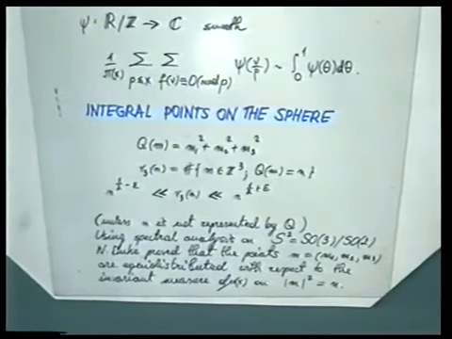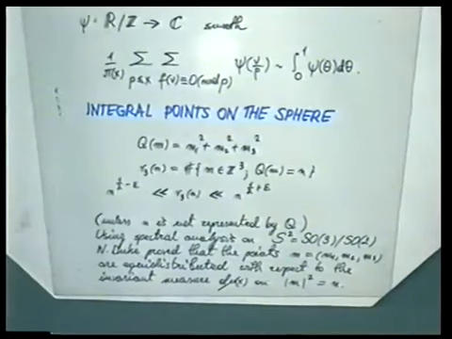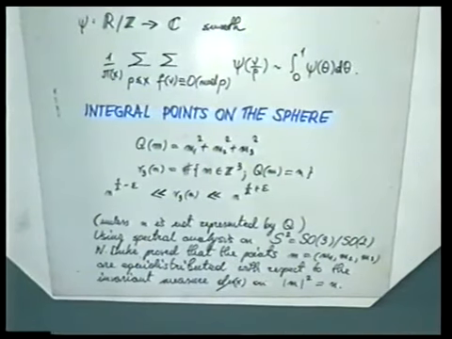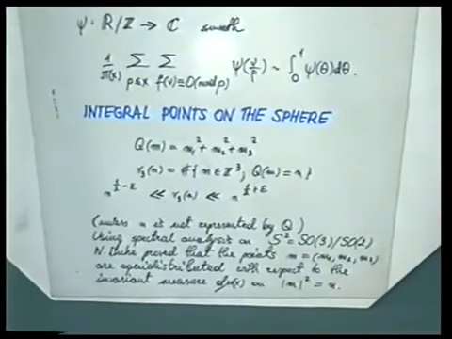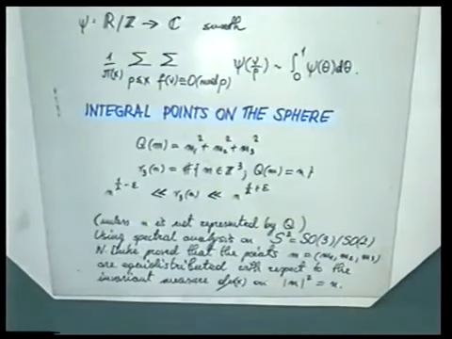And you may ask whether these points on the sphere are equidistributed. Indeed, using spectral analysis this time on a positive curvature surface, the sphere, Duke proved that these points are indeed equidistributed with respect, of course, to the invariant measure on the sphere. I mention that because it's a good transition to the other thing that I want to say.